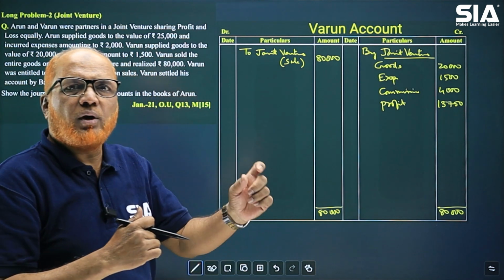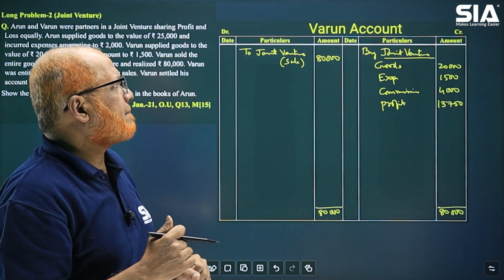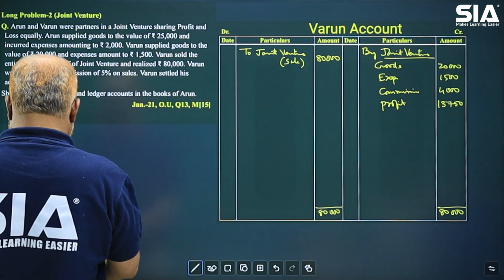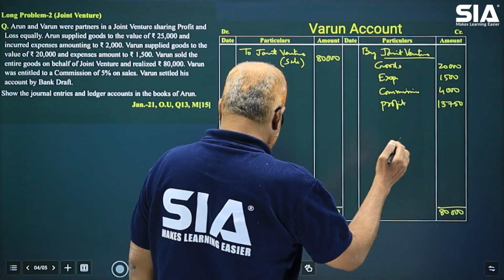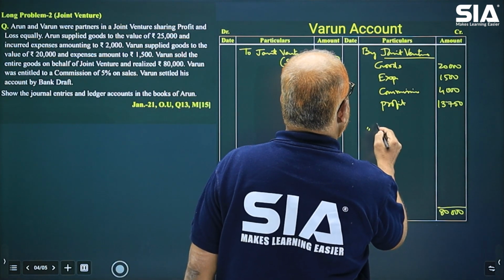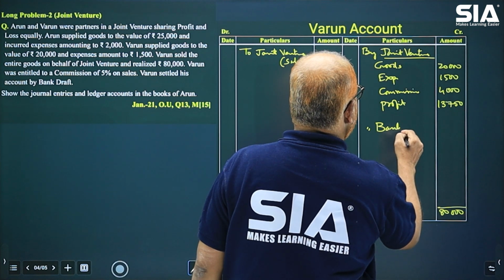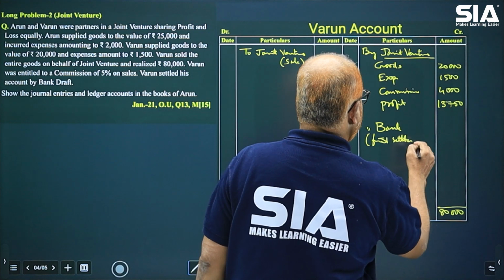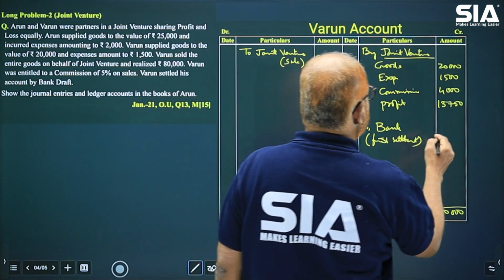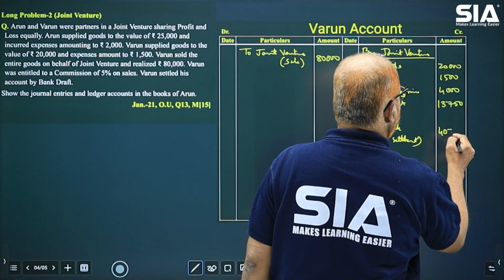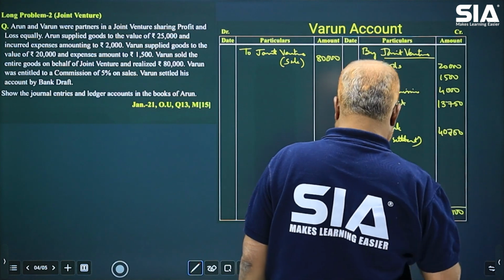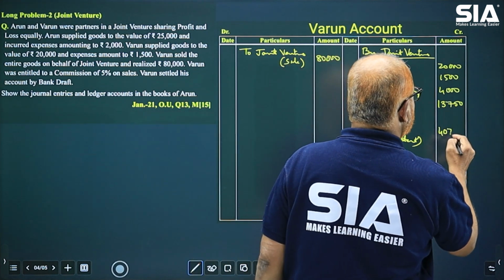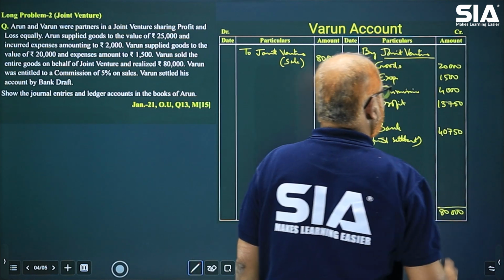So entry will be Arun account debit to bank. Here we write down by bank, final settlement. How much? 40,750. This is the final amount settled, 40,750.